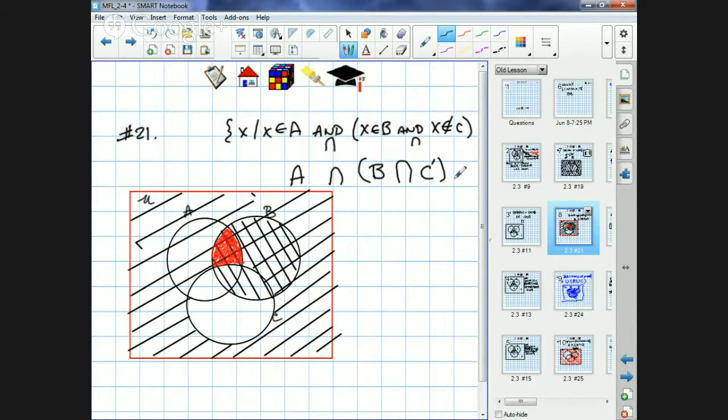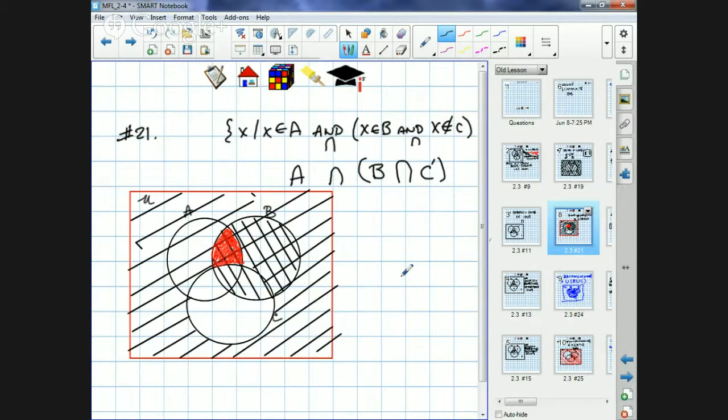And that's all this part of the parentheses part. And then now I have to also intersect that. Where does that cross-hatching overlap circle A? Yeah, I see that, and that should be in that red shaded area.